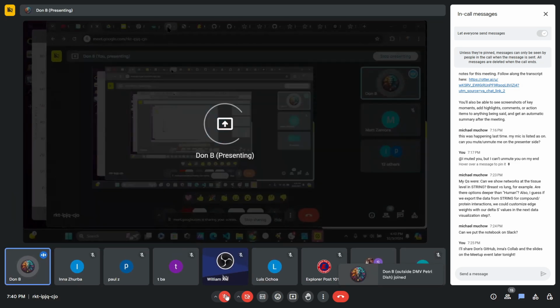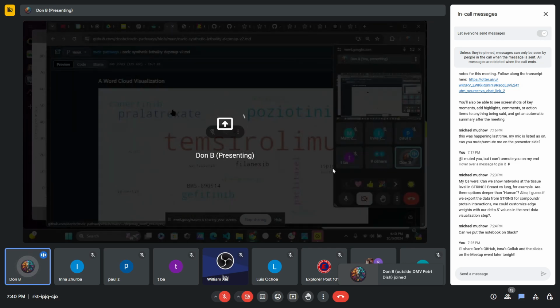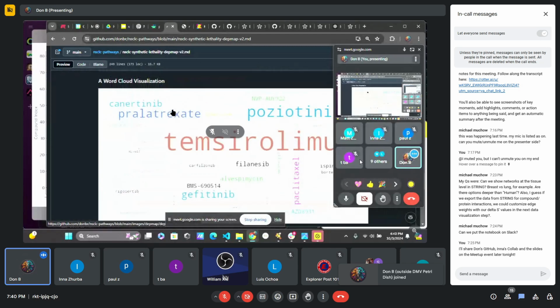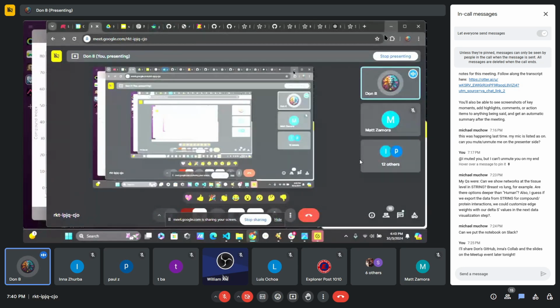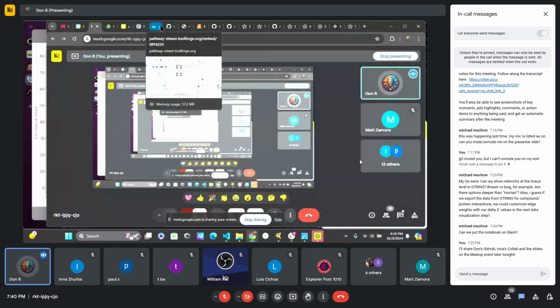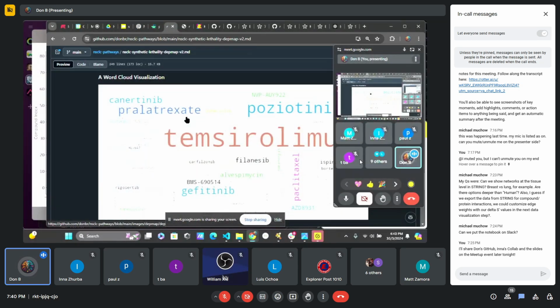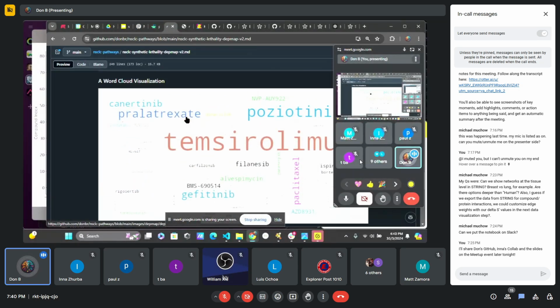Okay. All right. So here, this was a word cloud that was created. It was one of those situations where a clustering algorithm was imperfect, but I thought a word cloud might be better suited. It was a log base 10 of an average EC50 value.